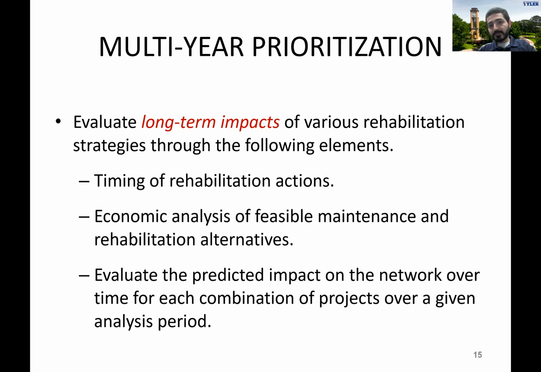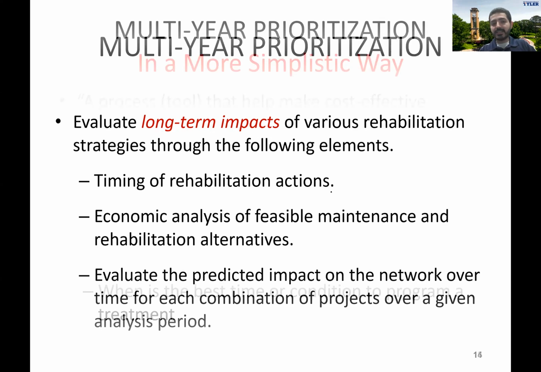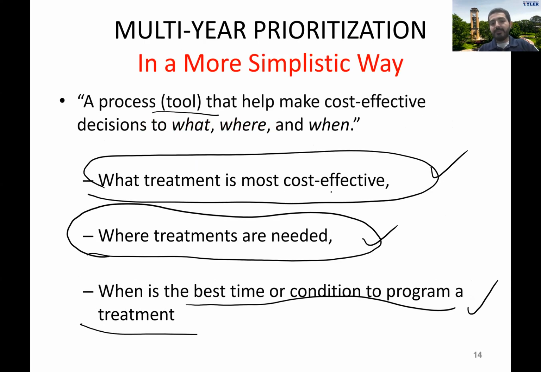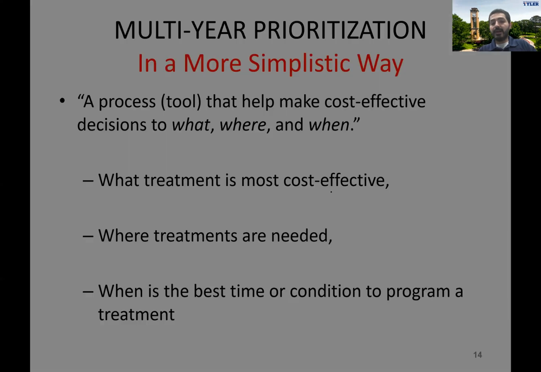So in the multi-year prioritization system, we try now to evaluate, as I told you before, a longer-term impact. It's not just 1 year by 1 year. We look into the long-term impact of different rehabilitation strategies through the following elements. The first one is again the timing of the rehabilitation, and that's actually the answer of when is the best time or the condition to program a treatment.